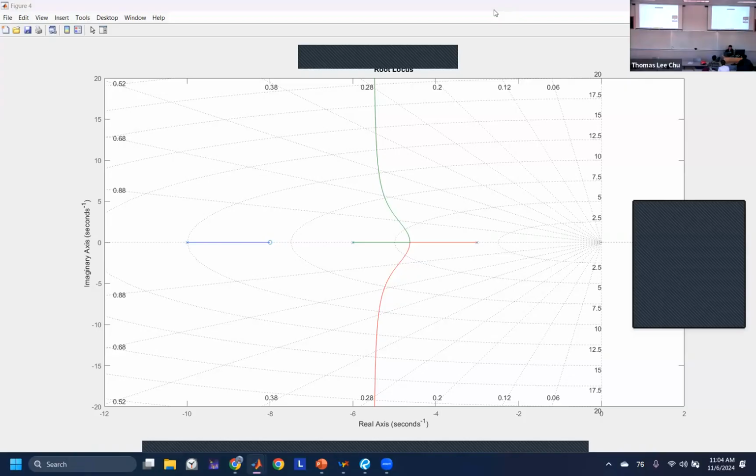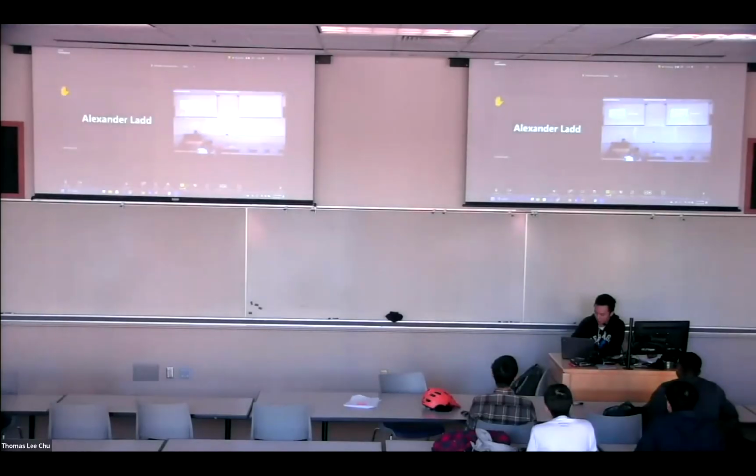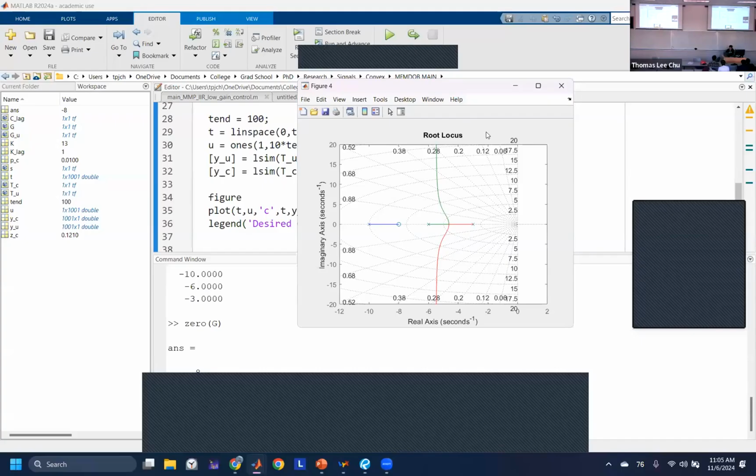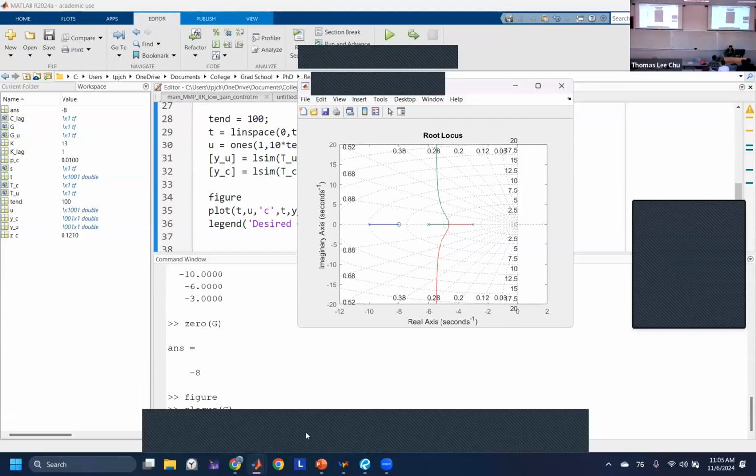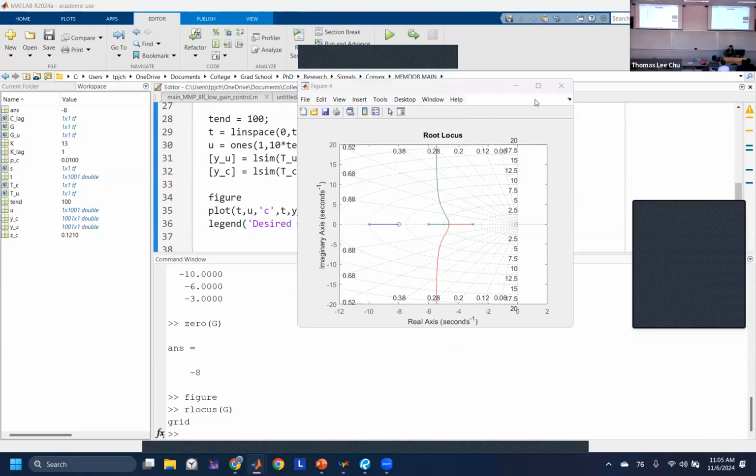Do you still see my MATLAB screen? I see it on my tablet though. Hold on, I got an idea. Okay, let's try this again. Do you see that? You see MATLAB now? Yeah.